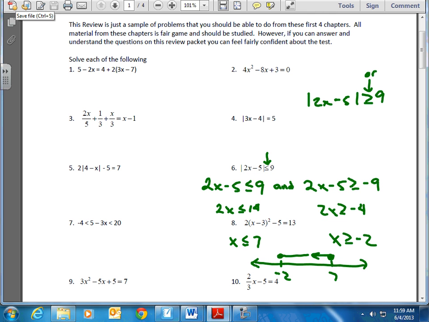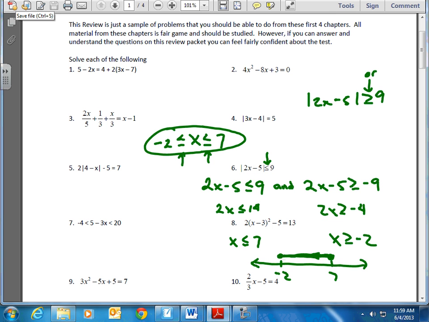So it is everything in between a negative 2 and 7. To write that as an inequality, I put the x in the middle, I put the smaller number on the left, I put the larger number on the right. X has to be greater than or equal to a negative 2, but less than or equal to 7. Everything in between the two. When you write it like this, you are implying an and. If someone reads your paper that you wrote just like that, they would say and.